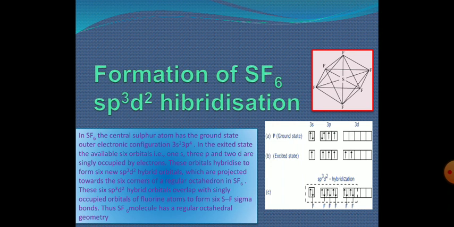How the formation or hybridization takes place, you will notice here in the figure. The electronic configuration of sulfur in the ground state is 3s2 3p4, and in the excited state one electron from 3s and one electron from 3p jump to 3d, so 6 unpaired electrons are formed.